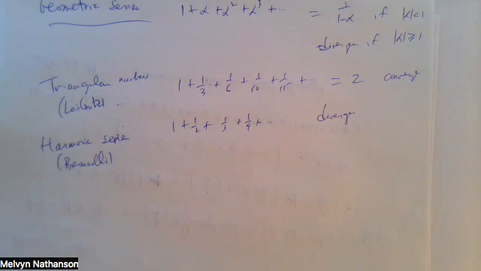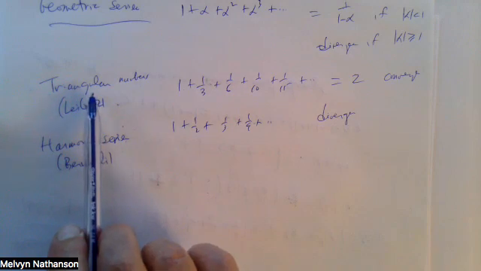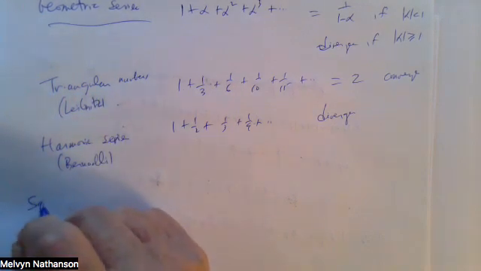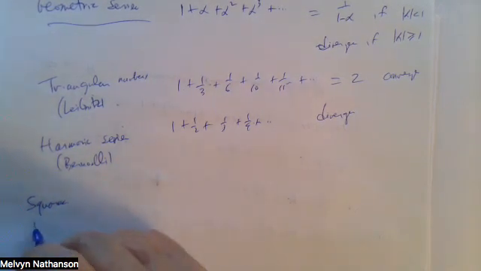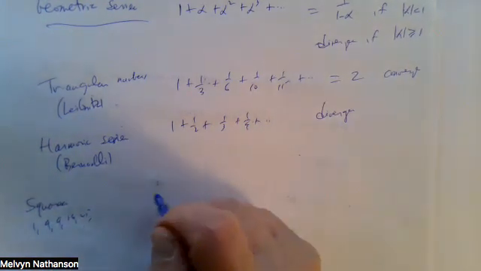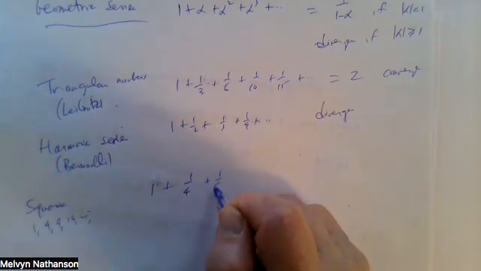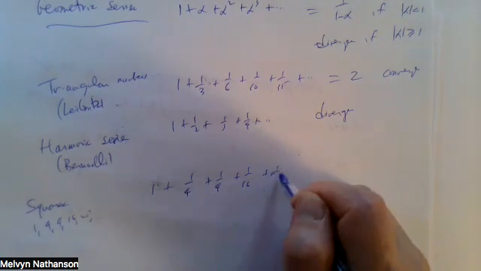What about other series? Well, what about if instead of taking the reciprocals of the triangular numbers, you take the squares? That is the sum of the reciprocals of the squares. The squares 1, 4, 9, 16, 25, and so forth. So what about 1 plus a fourth plus a ninth plus a 16th plus a 25th?